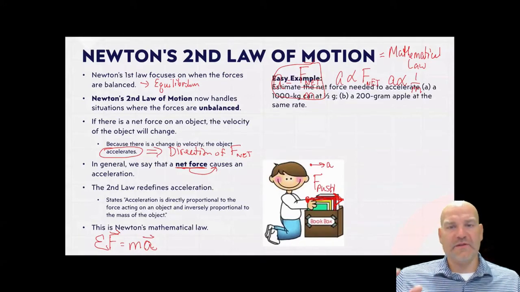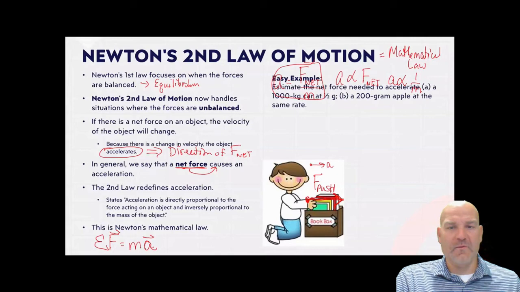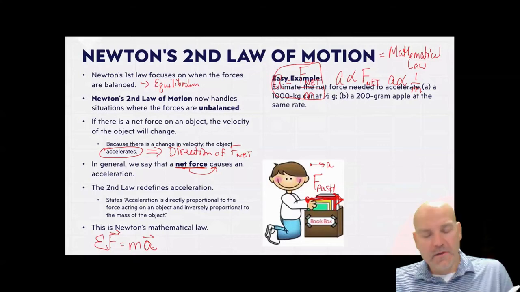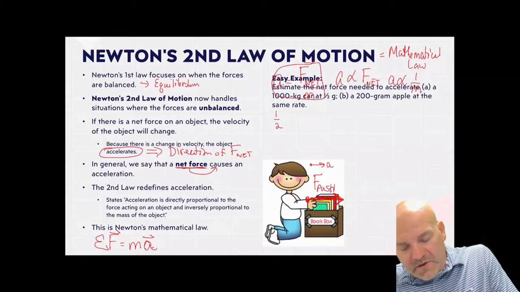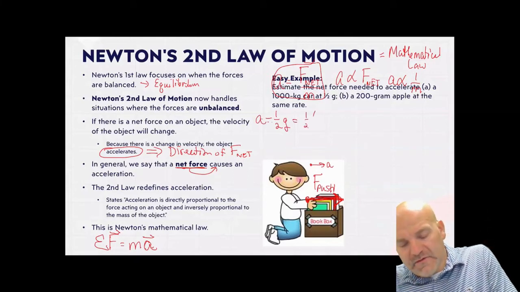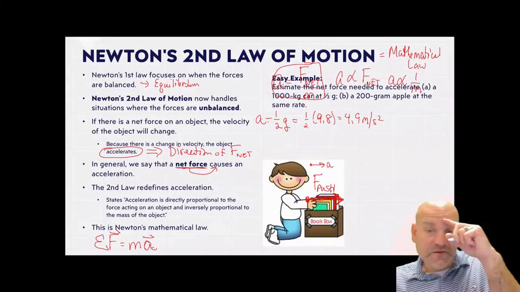Let's look at a quote-unquote easy example. Estimate the net force needed to accelerate (A) a 1,000 kilogram car at half a g, and (B) a 200-gram apple at the same rate. First of all, 1/2 g doesn't directly give us our acceleration, so we need to plug in what g is. It's 1/2 of 9.8, which is 4.9 meters per second squared.